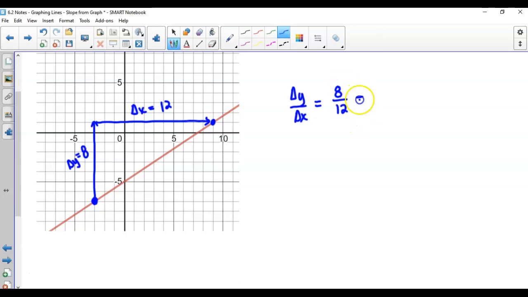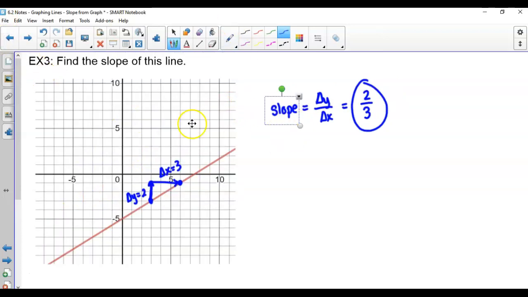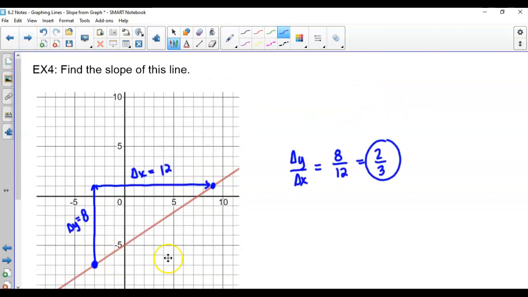I can divide both of those numbers by 4. So 8 divided by 4 would be 2, and 12 divided by 4 would be 3, and I get 2/3 as my answer. This answer is positive because this graph is increasing. Notice, that's the same thing I got on this last problem. These are the same lines. 3 and 4 are the same line. I just wanted to show you that you can pick points anywhere. Now, it's easier if you pick the points that are close together because you don't have to count as far.